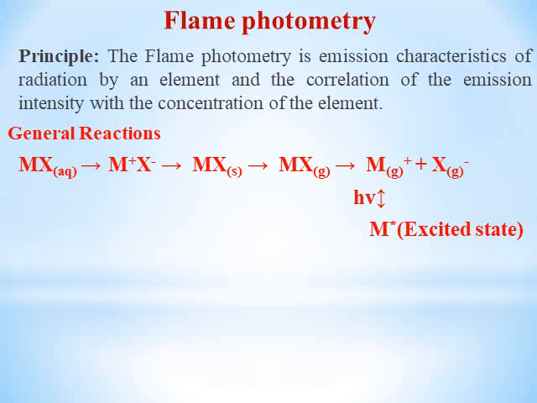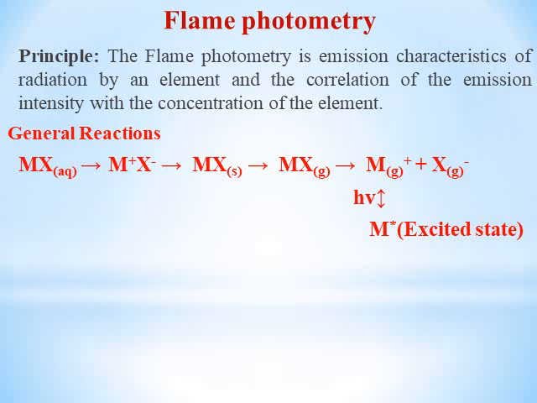Now, this Na+ Cl- solution, or a paste of sodium chloride, is aspirated into the flame to excite the metal atoms present in sodium chloride. When you aspirate it into the flame, the sodium chloride is converted into its gaseous form. The solid dissolved in liquid is entirely converted into gaseous form, so you get MX in gaseous form.